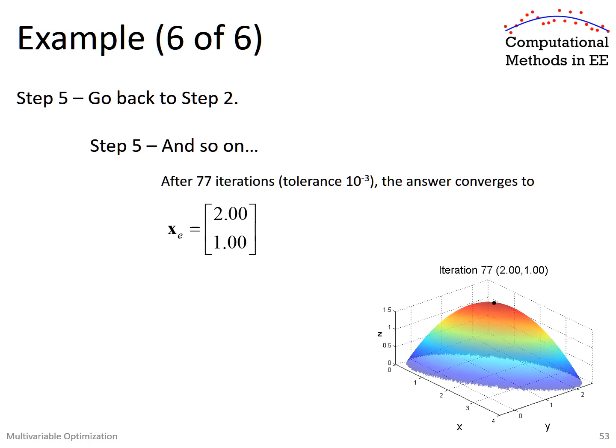And in this case, after 77 iterations, I finally converged to where the maxima was. So a value of 2 for x and a value of 1 for y, and that sits us right at the top. So, all right, that's it. That's all it is for this example.